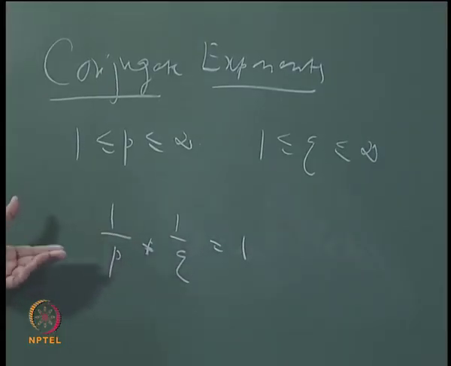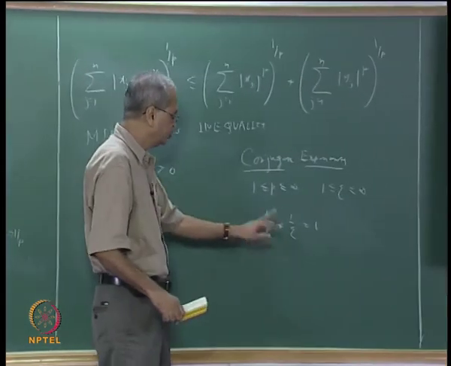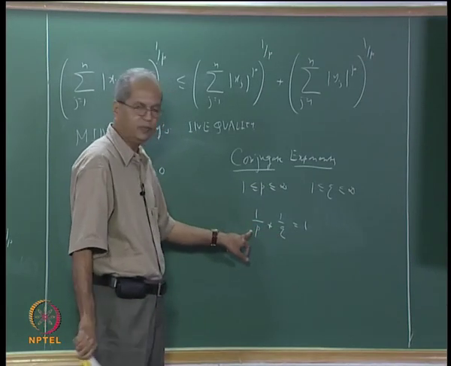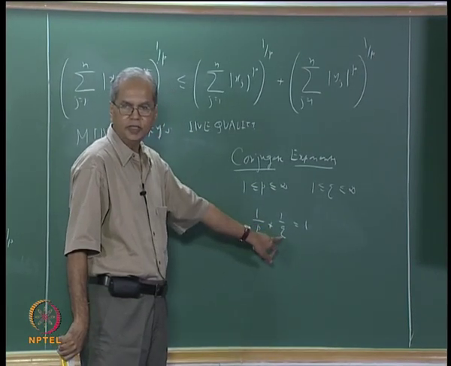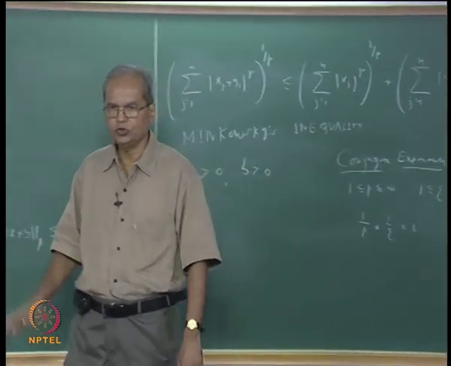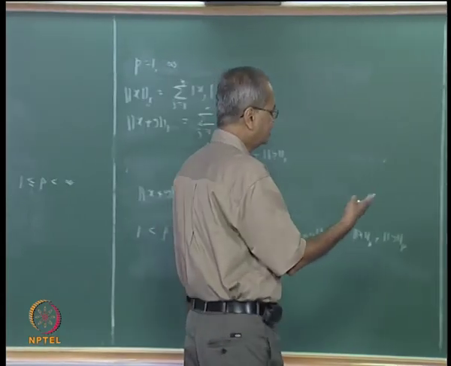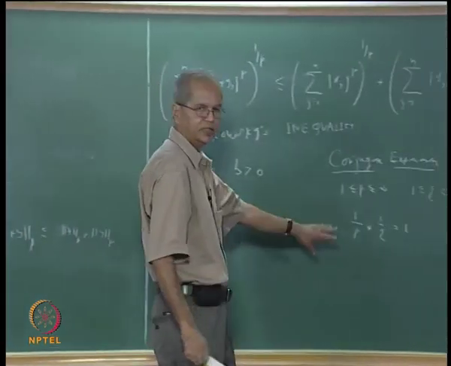So 2 is a conjugate exponent of itself. If p is less than 2, q will be bigger than 2 and vice versa. And by convention, if p is 1, q is infinity, because if p is 1 this number becomes 1, so for this to be satisfied q has to be infinity and vice versa. So we take 1 and infinity as the conjugate exponents of each other, and for 1 less than p less than infinity it is defined by this.